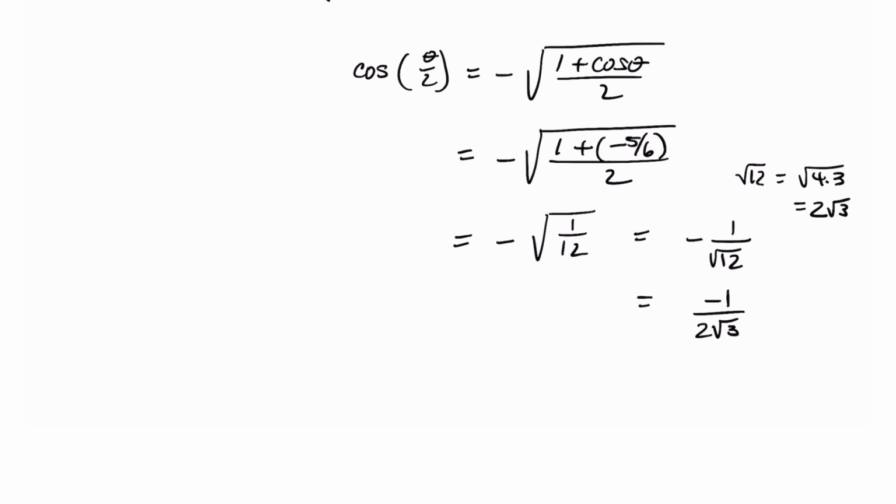And then we multiply by square root 3 over square root 3. And that means that our final answer is negative square root 3 in the numerator. Actually, I'll write that negative out front. Root 3 times root 3 is 3, times 2 is 6. And that is the exact value of cosine theta over 2.